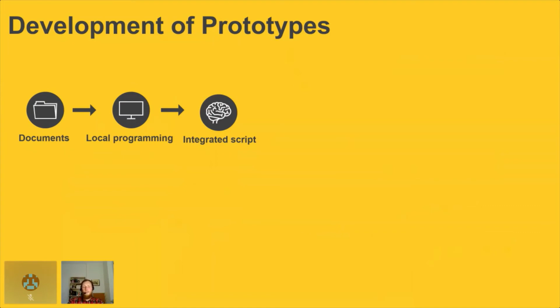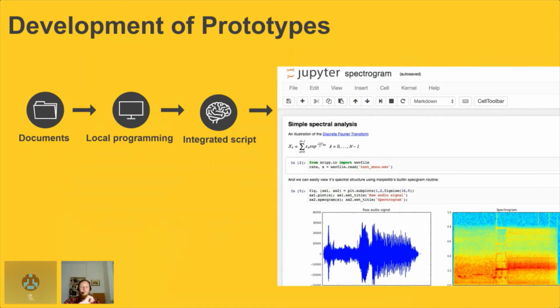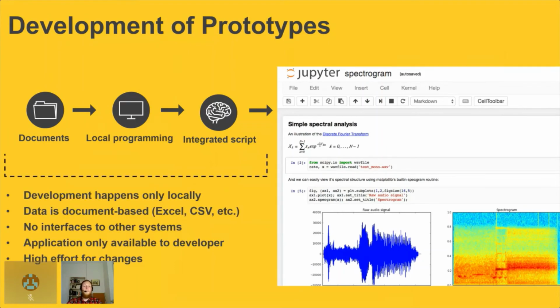Someone got an idea. You have some data-affine people that know how to handle data and know how to program. So you give them some documents. They do some local programming on their laptops. You get, in the end, an integrated script, for example, a Jupyter notebook. This phase can take anywhere between, I don't know, a hackathon, but also a 3-month phase if it is some very complex model.